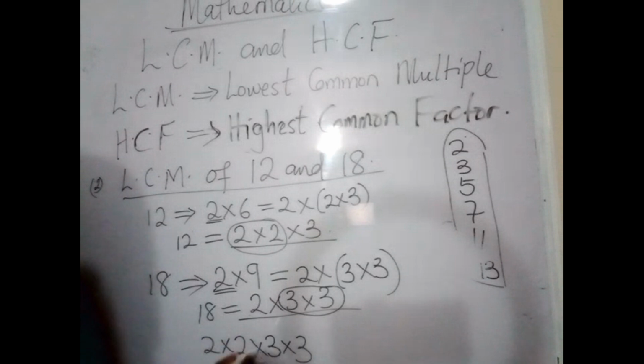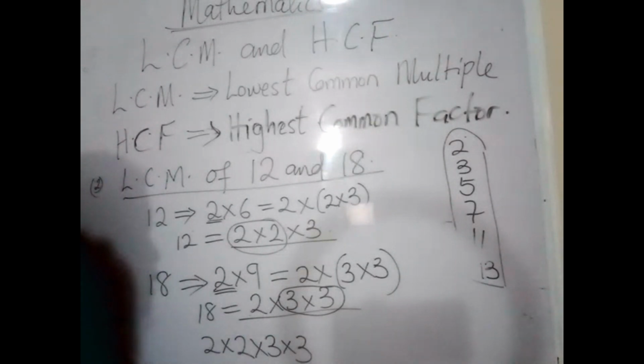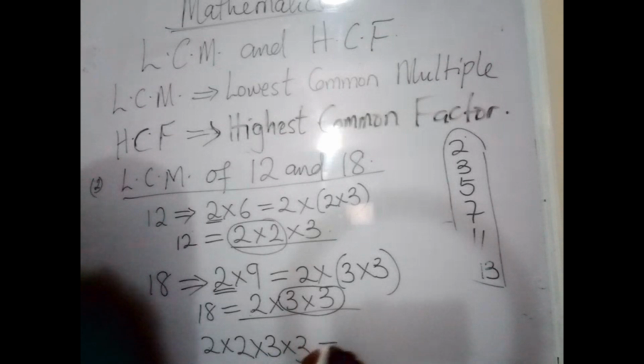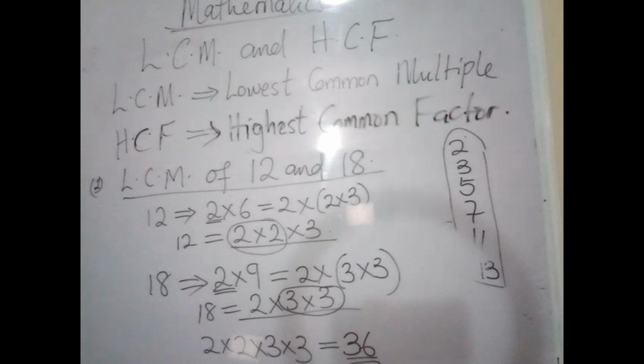So here we have 2 times 2 times 3 times 3. So 2 times 2 is 4. 4 times 3 is 12. And 12 times 3 is... 12 times 3 is what? 36. Okay? So 12 times 3 is 36. That means the smallest number that 12 and 18 can divide without a remainder is 36.